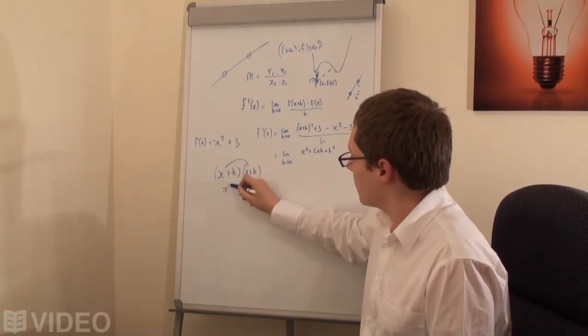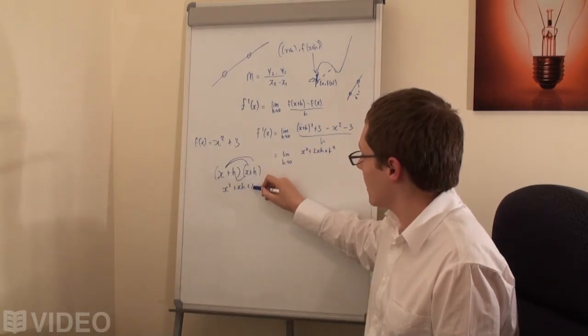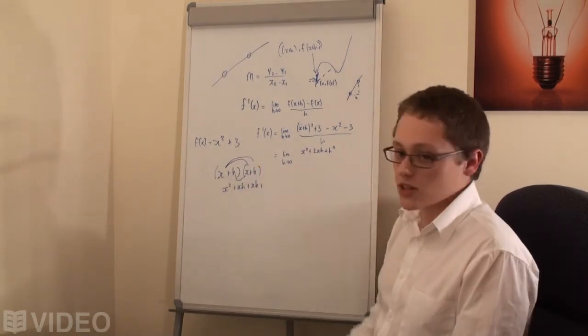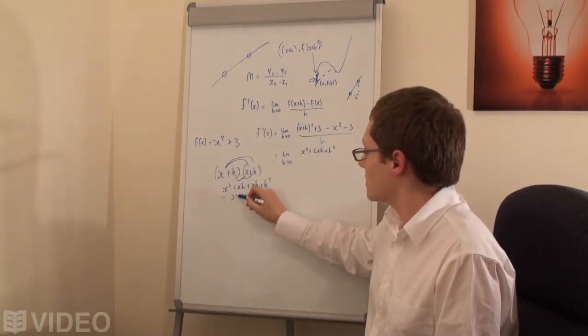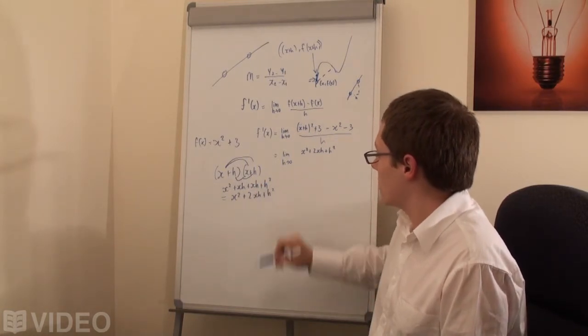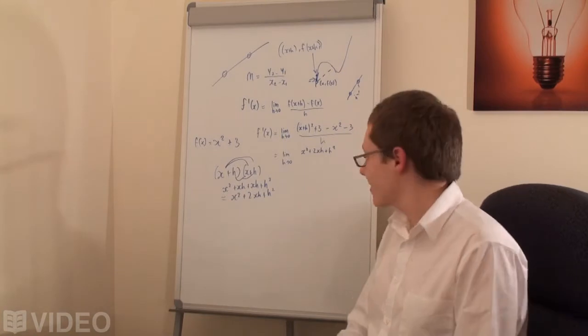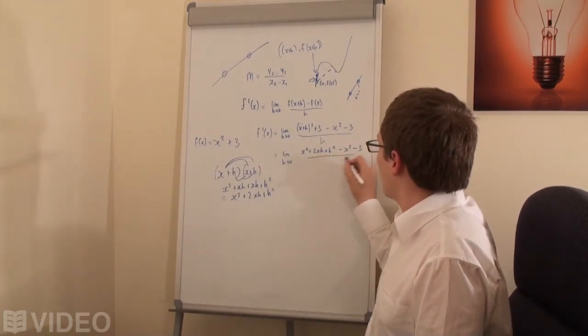X squared, x plus h, x plus h, and h squared. Hence we get x squared plus 2xh plus h squared, take x squared, take 3, on h.